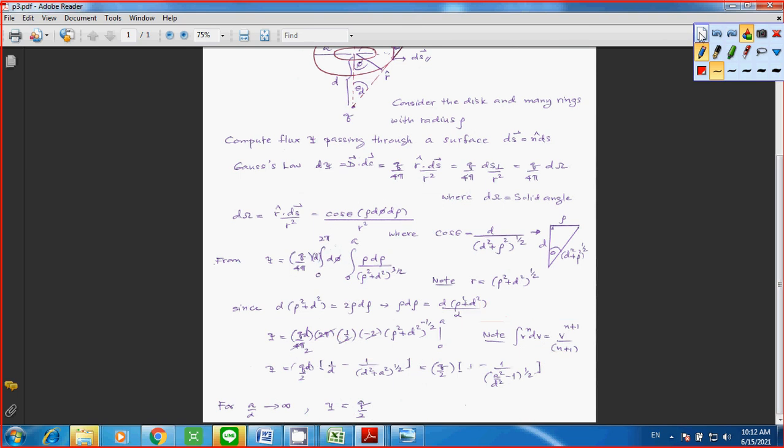This is your psi, and you can calculate for psi simply by integrating the whole thing. This is your omega when you work it out in terms of rho, phi, and theta. So you have Q over 4 pi, multiplied by the integration of the whole term.